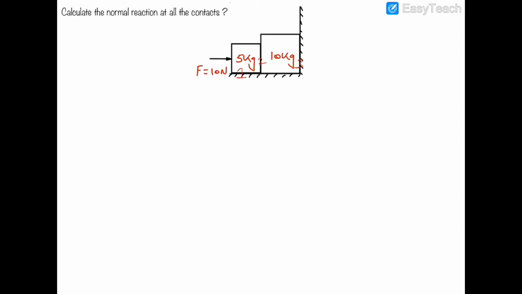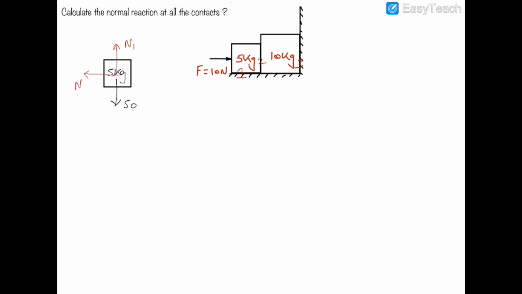Now if we draw the free body diagram of that 5 kg block, this is the 5 kg block. mg would be acting downwards, and mg would be equal to 50 Newton considering g equal to 10. The normal reaction from the ground will be N1 in the upward direction, and the normal reaction from the 10 kg block at contact number 2 will be towards the left side.